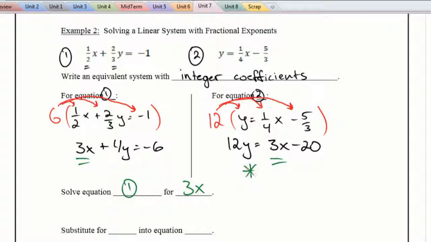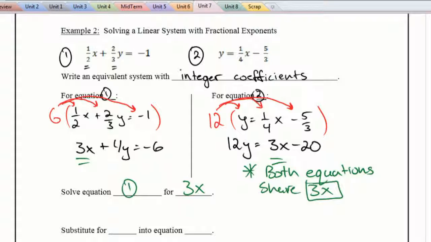So just write a little note in here. Both equations share 3x. So we're going to use that to our advantage.